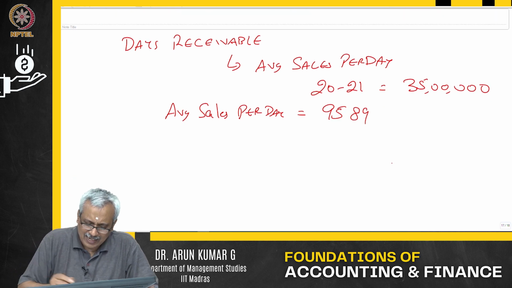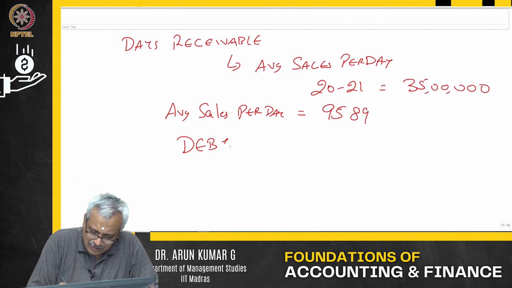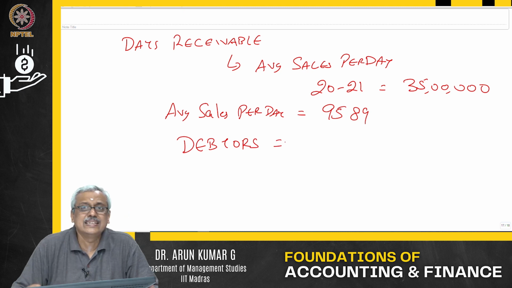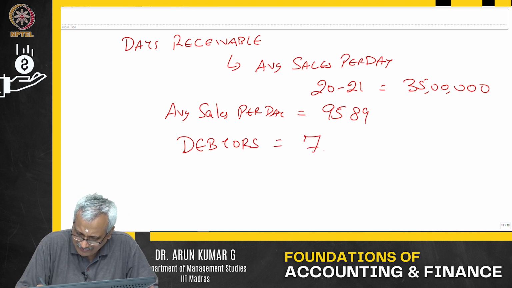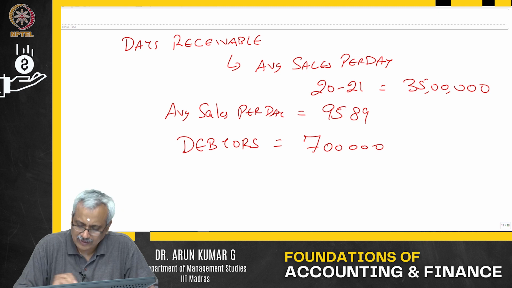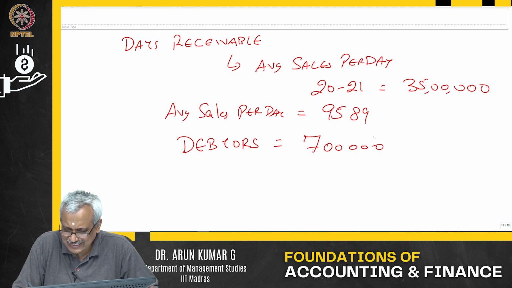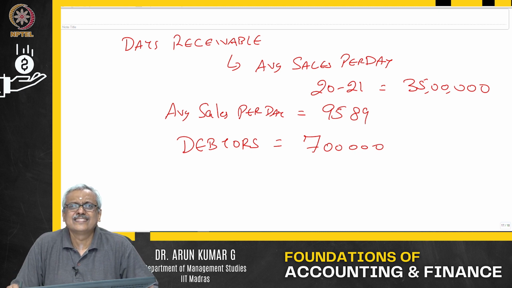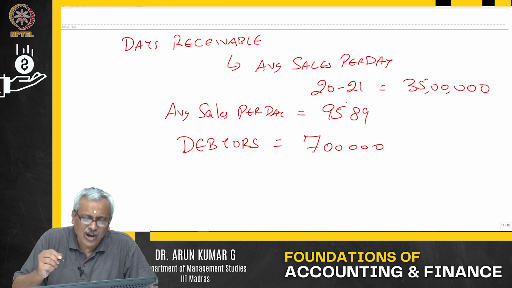Now say my debtors on the asset side of the balance sheet is about 7 lakhs. This 7 lakhs is equal to how many days of sales?